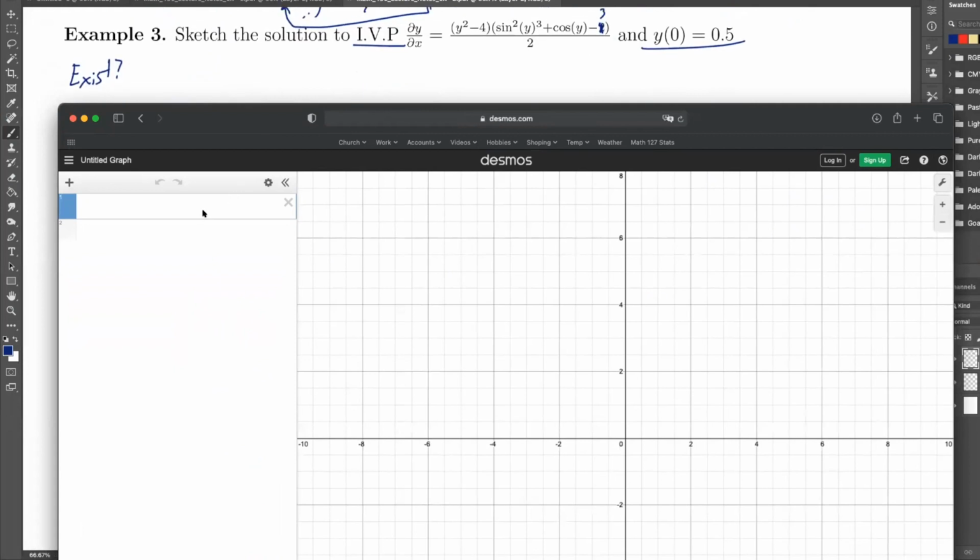Here we go. I'm going to say this is y as a function of x. So I'm going to just make this all of x, just so Desmos doesn't flip out.